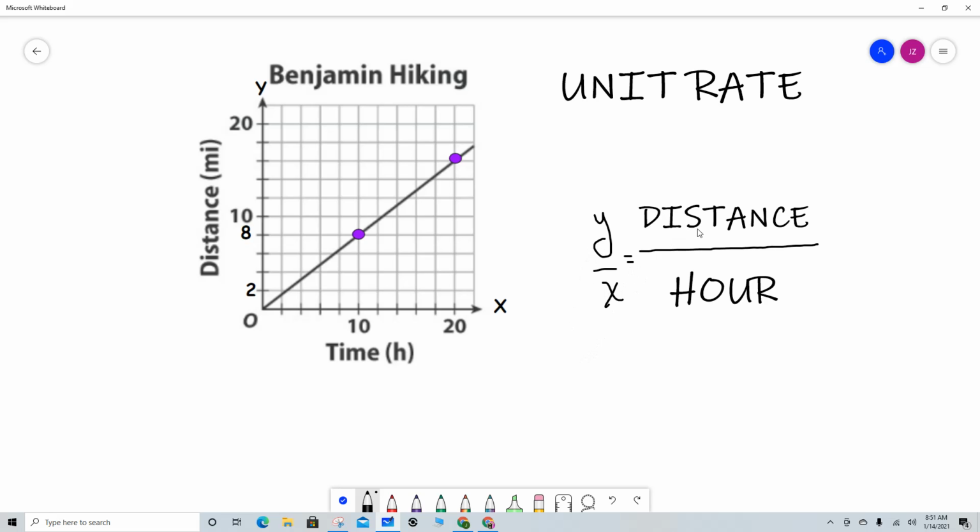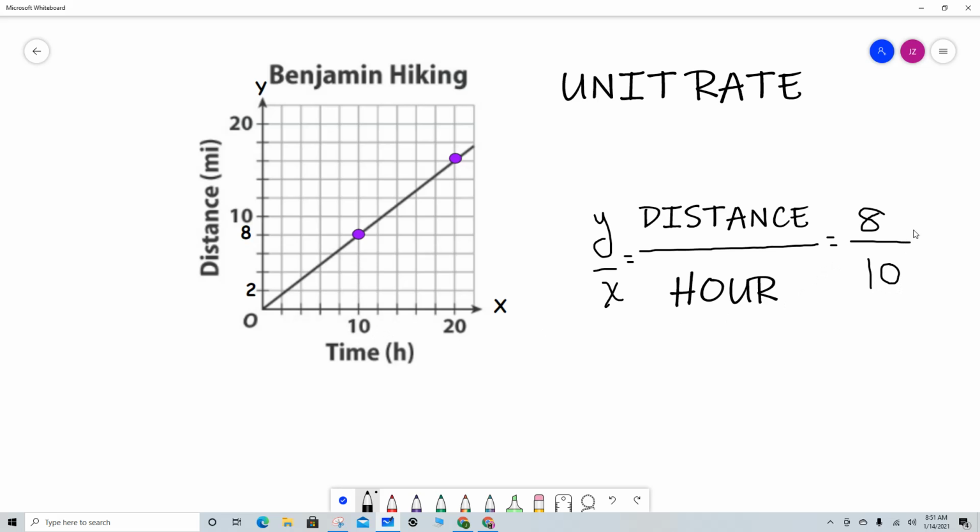Now let's look at distance. I know this distance right here. So at 8 miles, because that's the dot for distance, how many hours did it take him to do 8 miles? It took him 10 hours. So I'm going to put 10 for the hours.